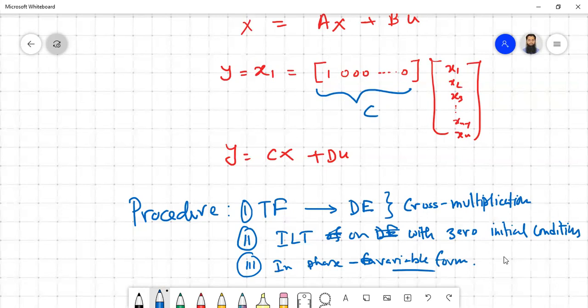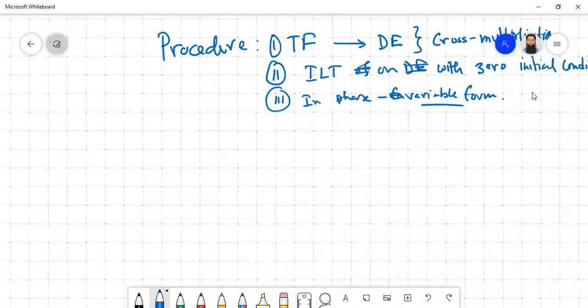So the steps are very simple. Now let's start with one example, example 3.4.